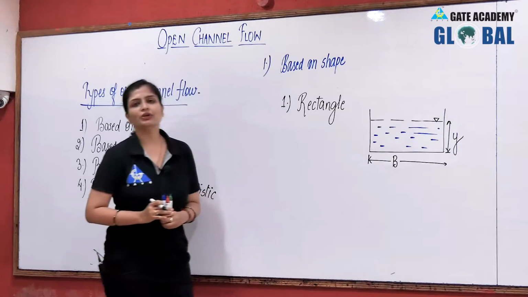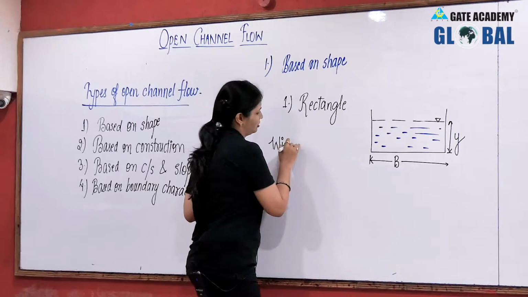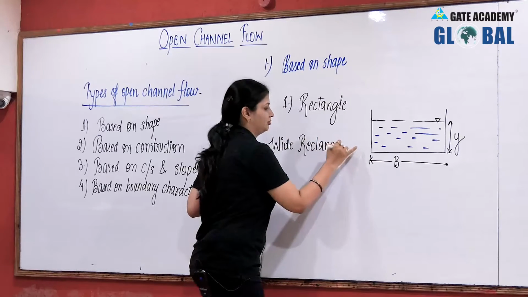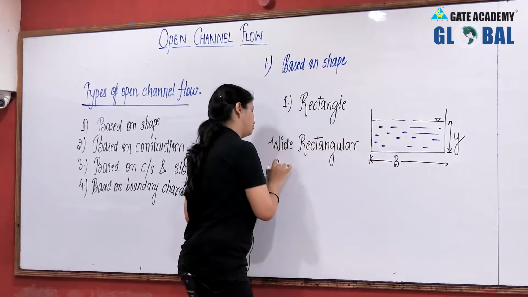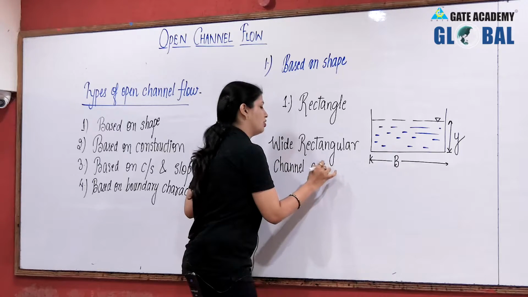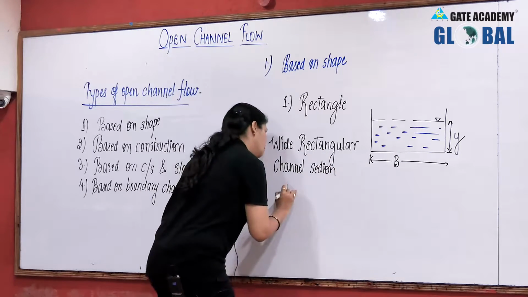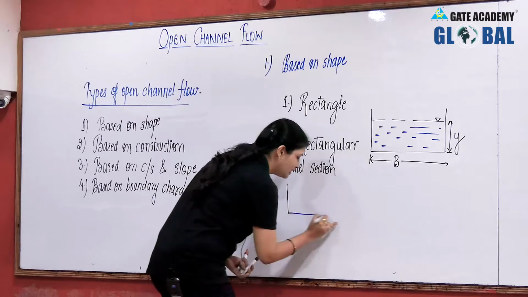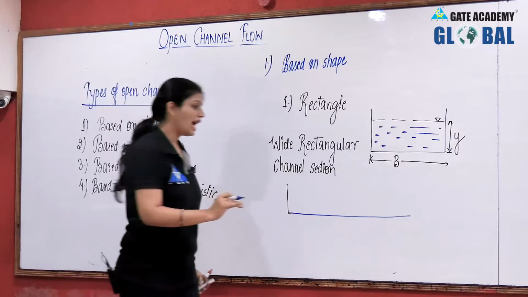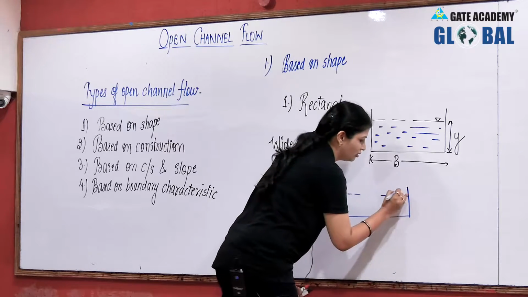In this rectangle only, you have one more, that is wide rectangular channel sections. What happens in this wide rectangular channel section is the width of the flow is very much greater as compared to the depth of flow. I've tried to make you understand through this diagram.